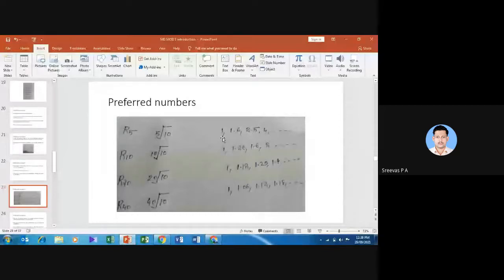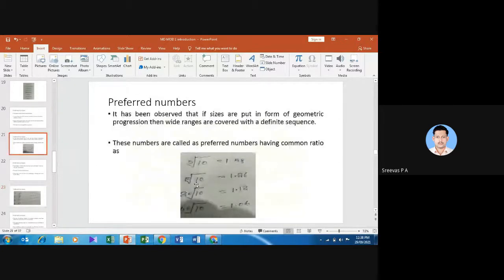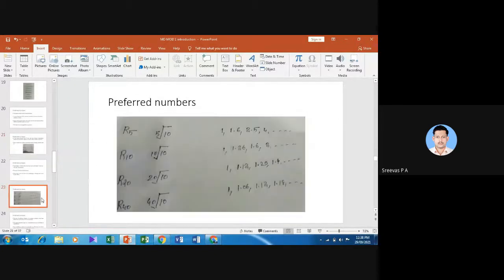Similarly, it will progress. In case of R10 series, the first term is unity. The second term will be unity multiplied by the common ratio. The common ratio we have found out. It is 1.26. So 1 multiplied by 1.26 will be 1.26. Then 1.26 multiplied by 1.26 will be 1.6. Then 1.6 multiplied by 1.26. It will progress like that. In R20 series also, the first term is unity.